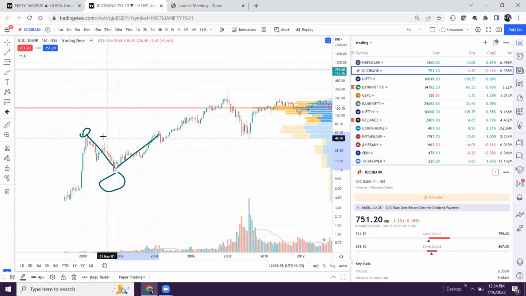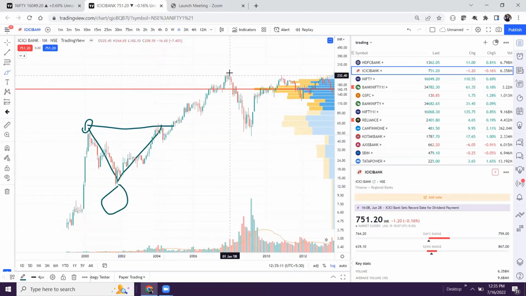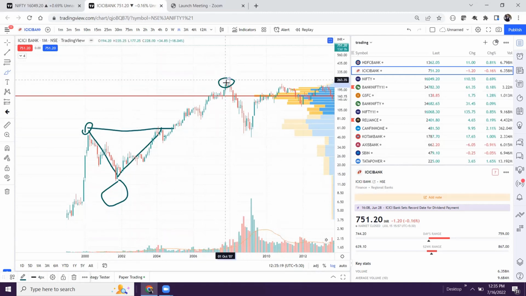So this is the first time anyone should invest in the stock, and the ideal stop loss is the swing low, that is this one. Now suppose after this the peak is there, which is higher than this, and right now at this point also the stop loss is this one only for a long term investment.